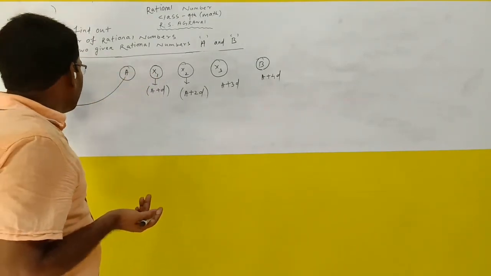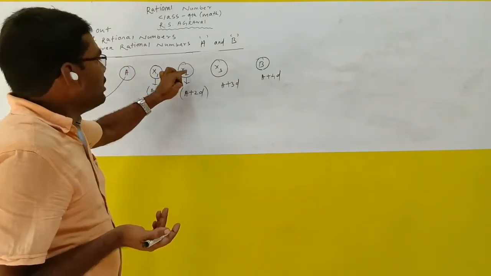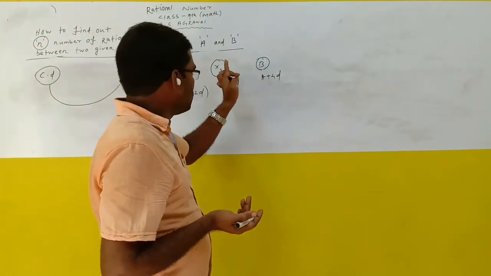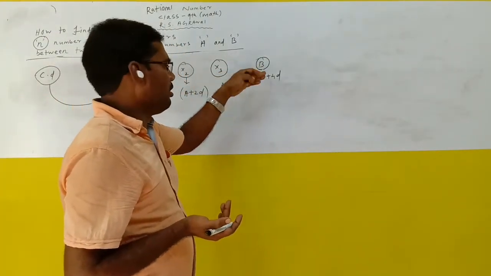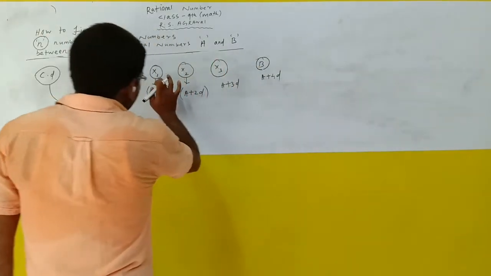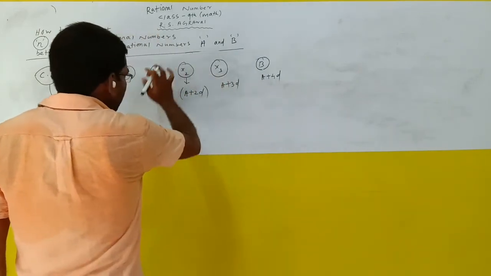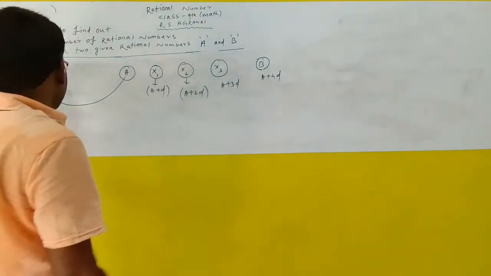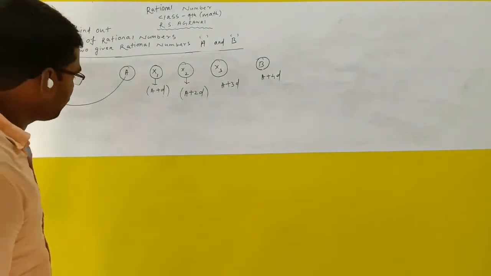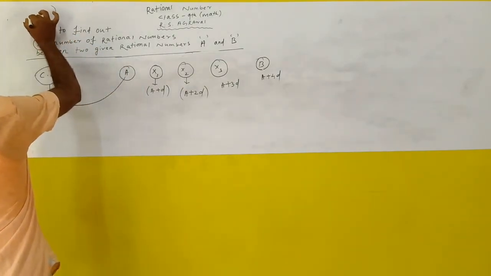Similarly, if you add CD to x1, you get x2. If you add CD to x2, you get x3, and then b is your given rational number, so you stop here. In this way, you can get these three rational numbers by adding the common difference again and again. So note it first.